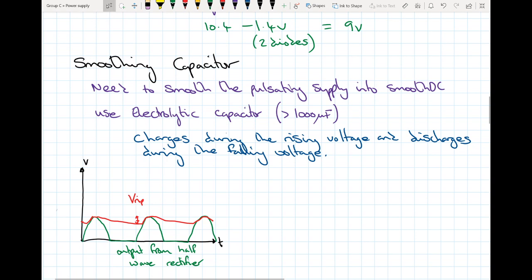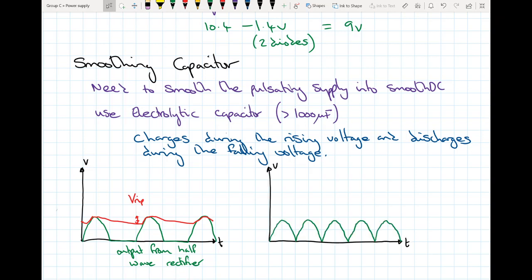We'll just draw the same thing again with a full wave rectifier. So you can see that we've got the cycles twice as often now, so hopefully we shouldn't have quite so much of a ripple because the capacitor hasn't got quite as long to discharge down. So we end up like that.